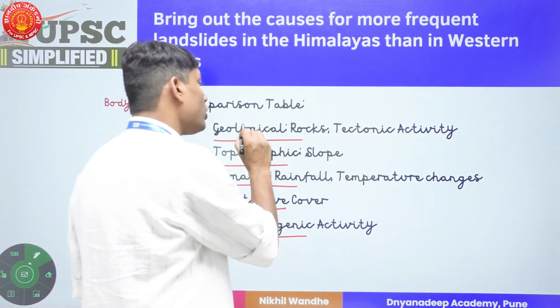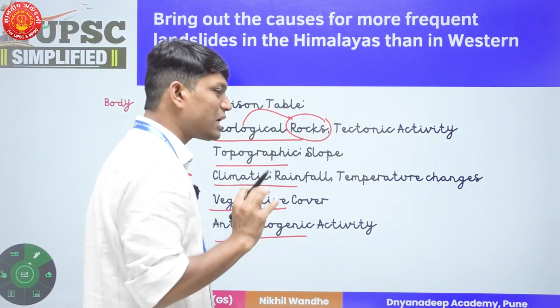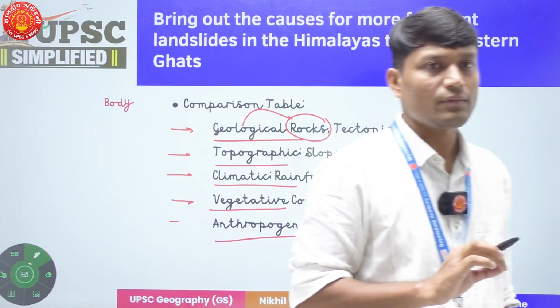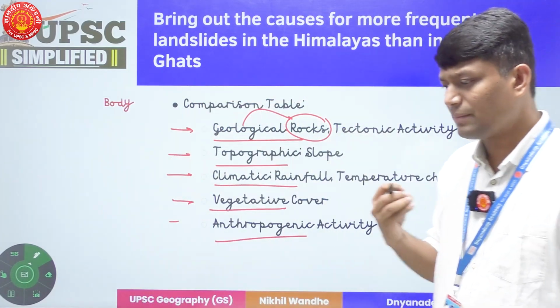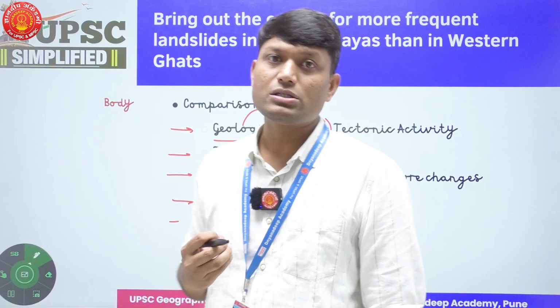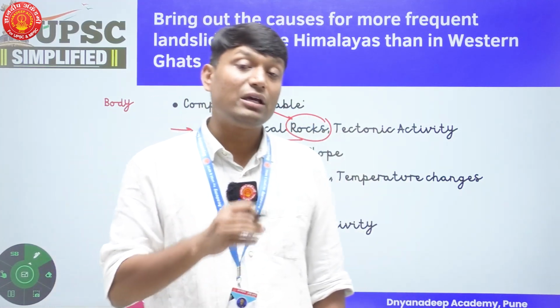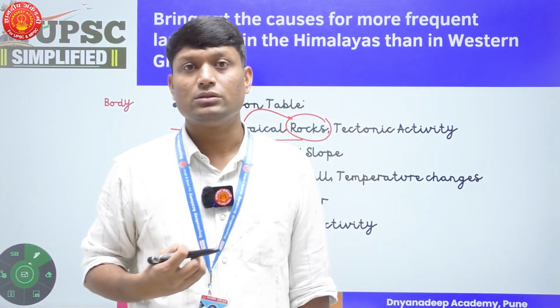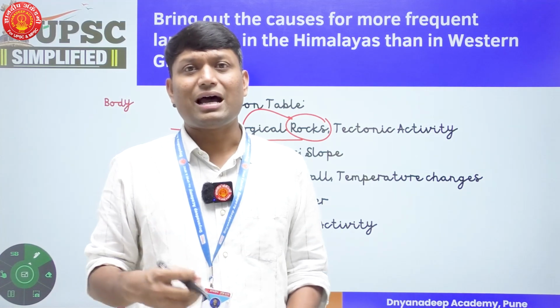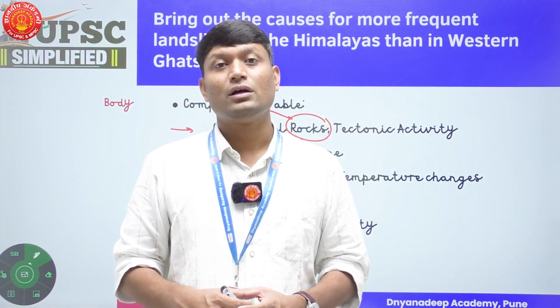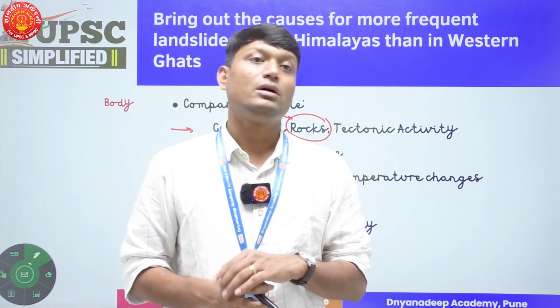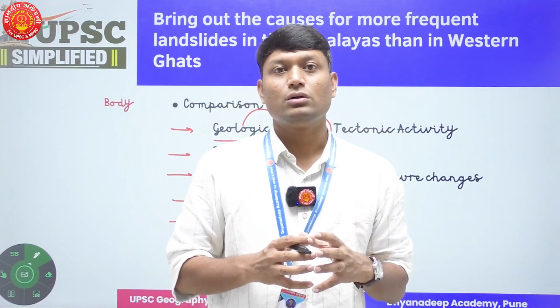Now, if I talk about geological reasons, first and foremost, I'll talk about rocks. The rocks found in the Himalayas are sedimentary rocks. In Western Ghats, I have igneous rocks such as basalt. So igneous rocks are tough, they are strong, and less prone to breakage.